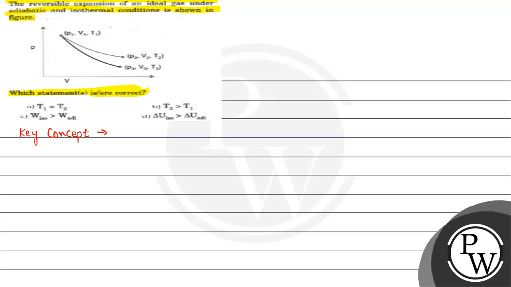reversible expansion of an ideal gas. Suppose this is the beaker and it has a piston over this.